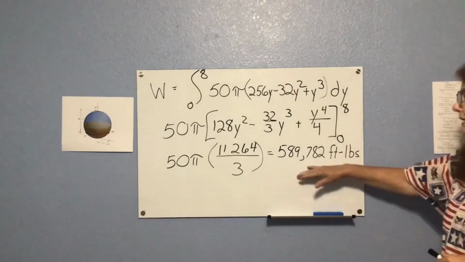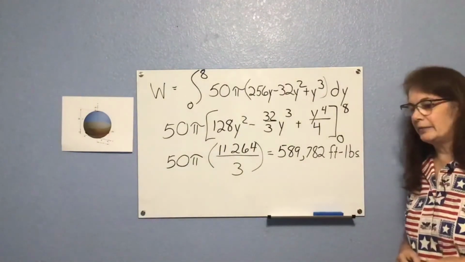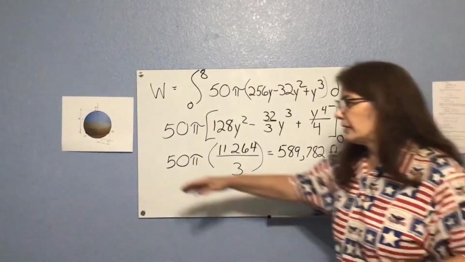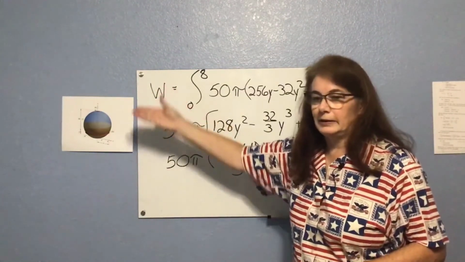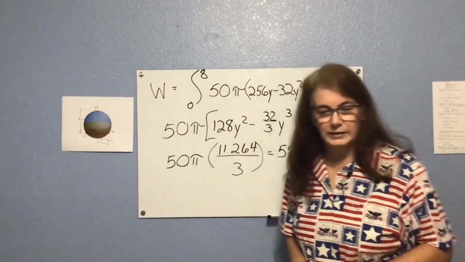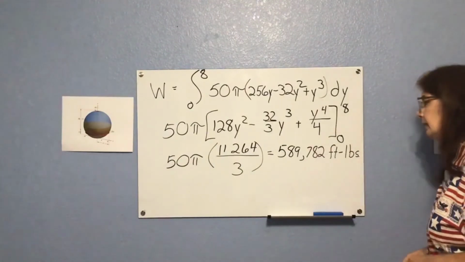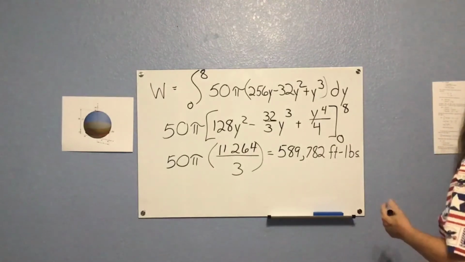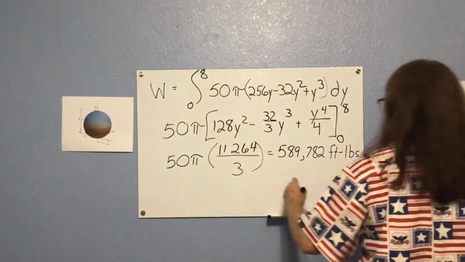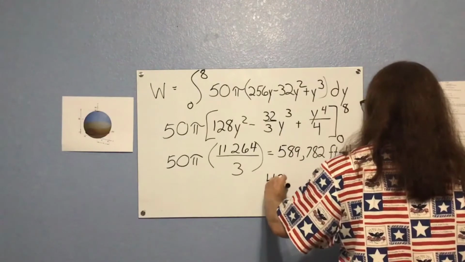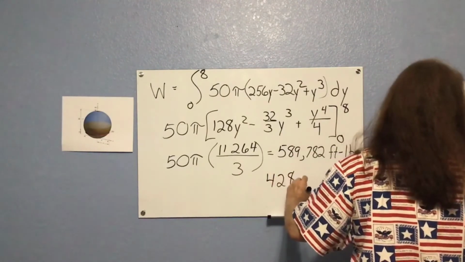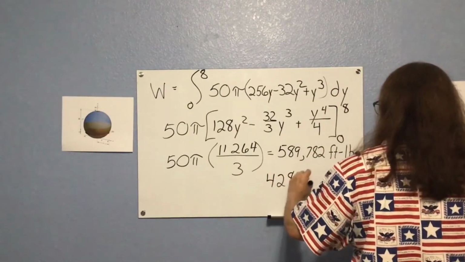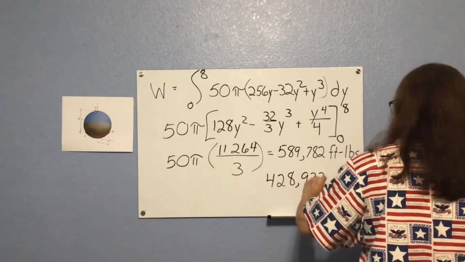If you'd like to check your answer, you might think about, well, what if I had all that oil and I just wanted to lift it up 8 feet all at once? You could calculate that, and you would get an answer of 428,932 foot-pounds.